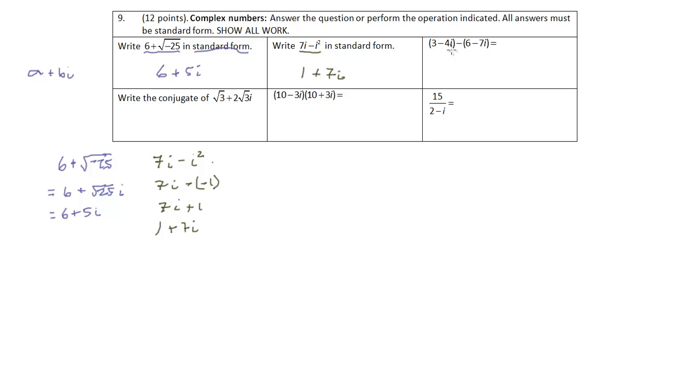Now in this third problem, we have a subtraction of two complex numbers. So let's perform the subtraction. 3 minus 4i minus 6 minus 7i.